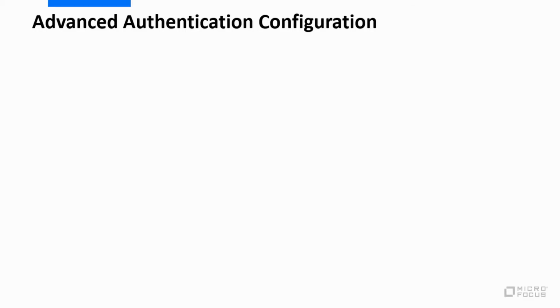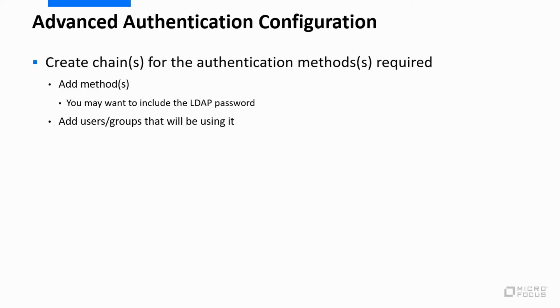Let's just have a look at the Advanced Authentication configuration. First of all, we need to create the chain, or indeed chains, that we're going to be using for the authentication method or methods that we're using. As far as methods are concerned, all of the authentication is done through Advanced Authentication.